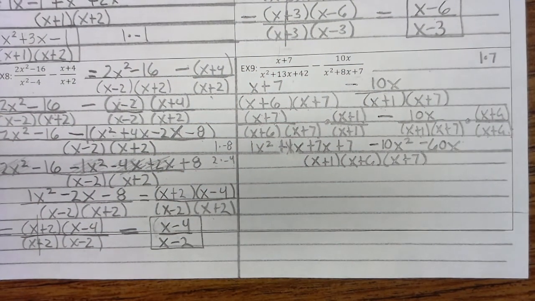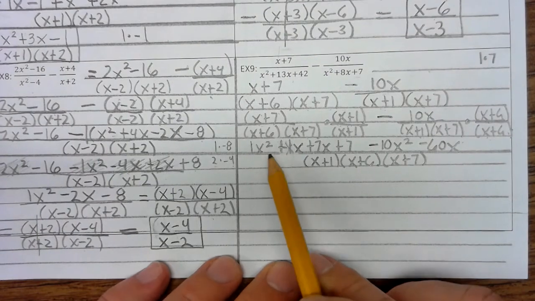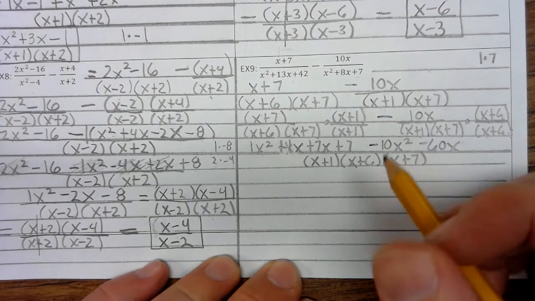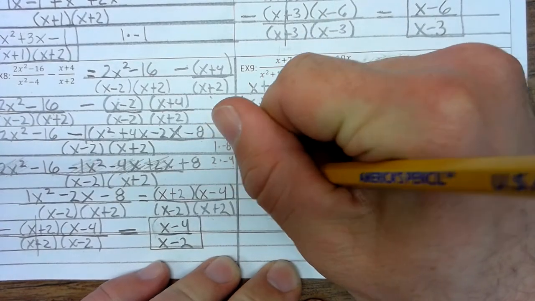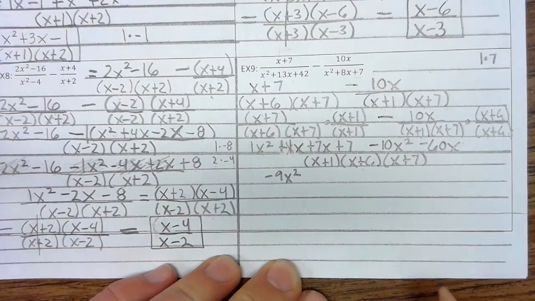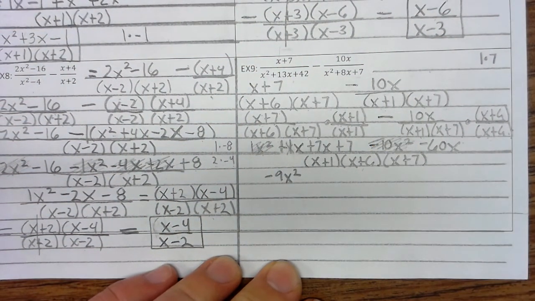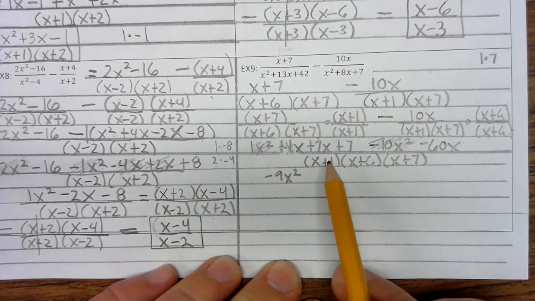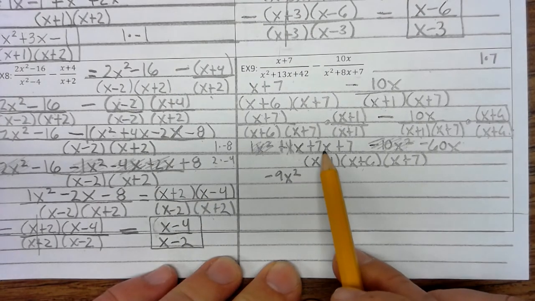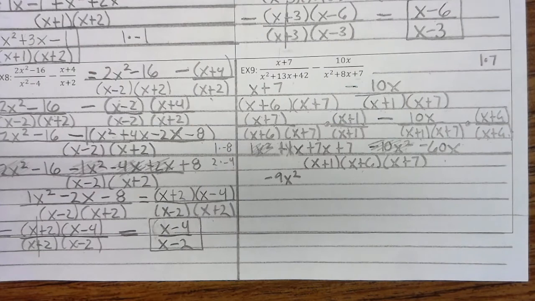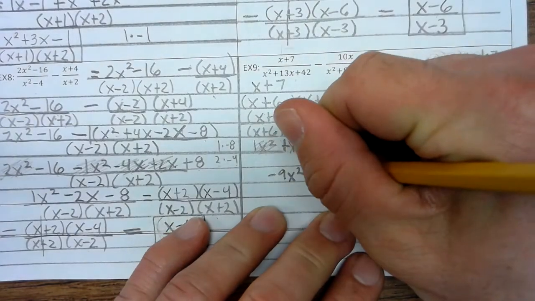So now we need to simplify the numerator. Okay, so now 1x squared minus 10x squared is a negative 9x squared. I think I'm going to mark out terms as they go so it's easier to see. Now we have 1x plus 7x minus 60x, which is negative 52x.